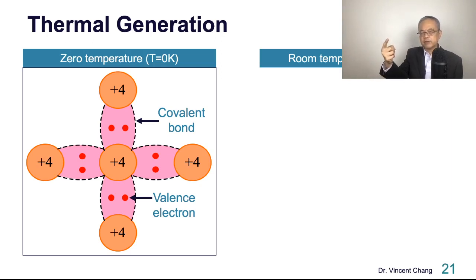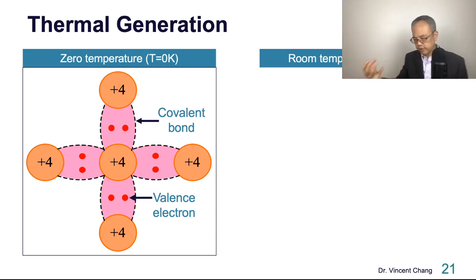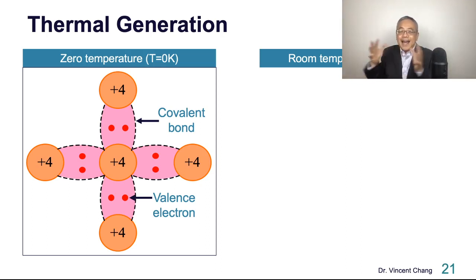What does that mean? Why is there a strong interaction between the stove and your finger? It's lattice vibration, all right? So when temperature increases, there is lattice vibration. So when the lattice vibrates, the bond will be broken. So one of the bonds will be broken.